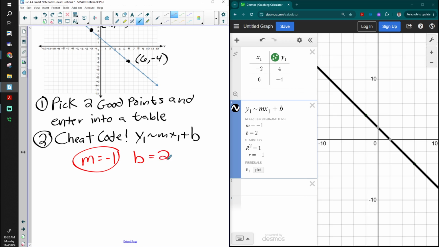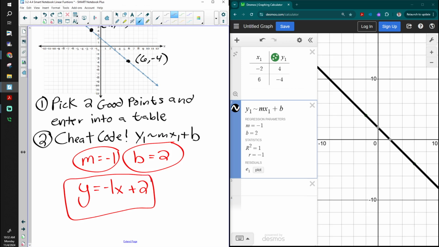B is 2. So my final equation, plugging in M, plugging in B, is y equals -1x plus 2. Done.